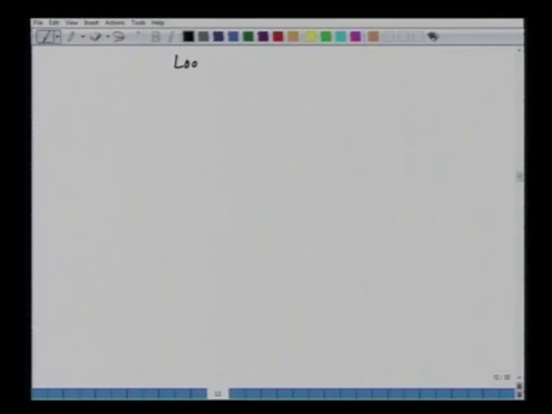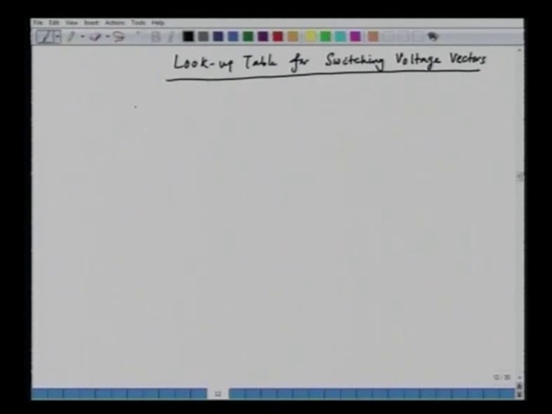So, we are drawing now the lookup table for switching voltage vectors. Now, what we have are 6 different sectors.